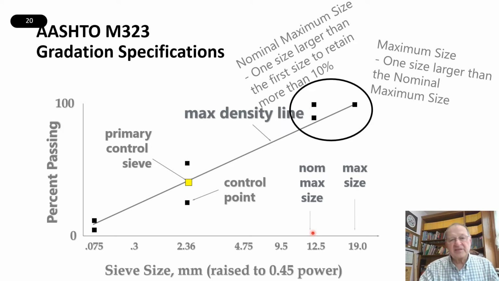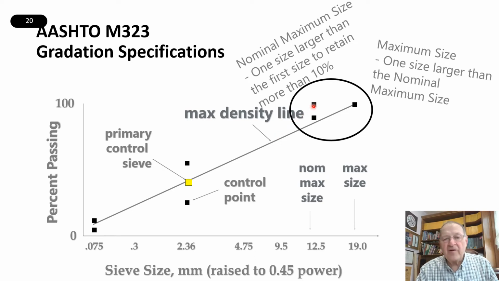This is when, let's say that we have a gradation that is 80% passing the 9.5. So what's the nominal maximum size? Well, the first sieve to retain more than 10% would be the 9.5. So the nominal maximum size is 1 size larger than that, so it's a 12.5 millimeter nominal maximum size.